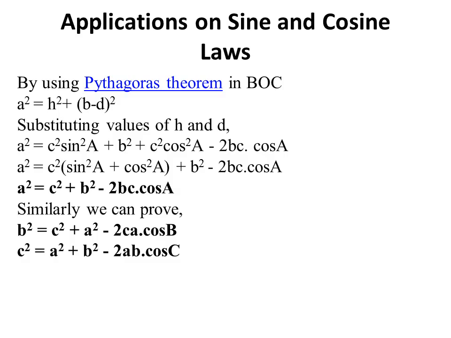Similarly, we can prove that b square is equal to c square plus a square minus 2ca cos B, and c square is equal to a square plus b square minus 2ab cos C.